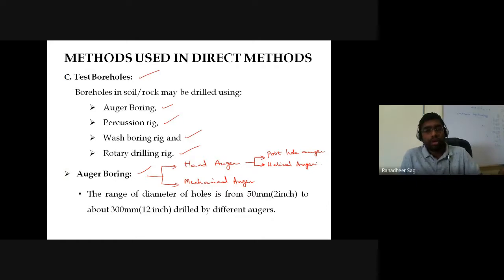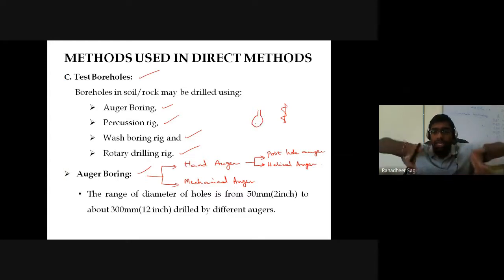What we have here is a helical shaped rod like this, or a kind of tube like this, with a hollow cross section inside, with cutting blades of this shape. I'll show you those pictures.